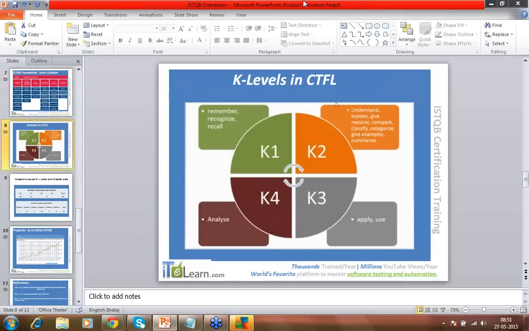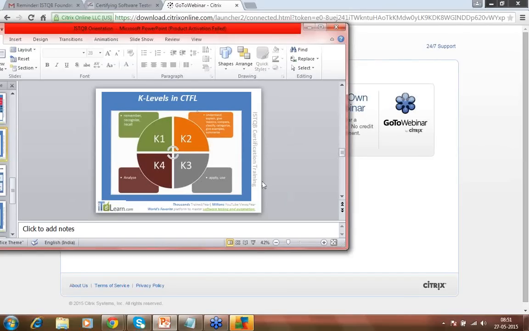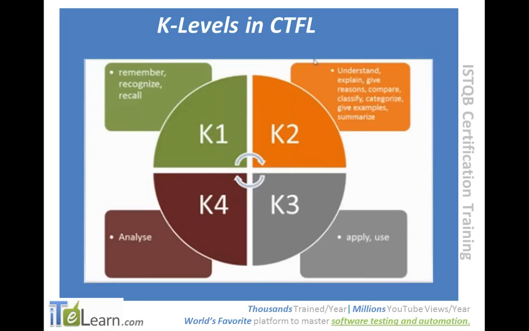Let's talk about what are these different K levels. I told you there are different K levels in which they will be testing our knowledge. These K levels are called cognitive levels, and there are about four different K types or K levels that they will test us in foundational level, called K1, K2, K3, K4.